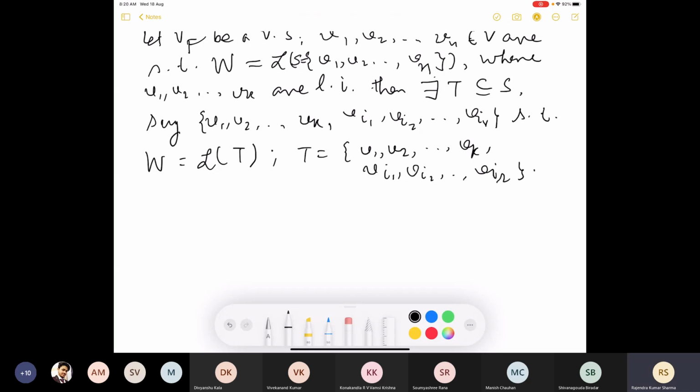Okay. So the statement once again is as follows. V is a vector space over F. V1, V2, Vn are vectors in V. W is their linear span.